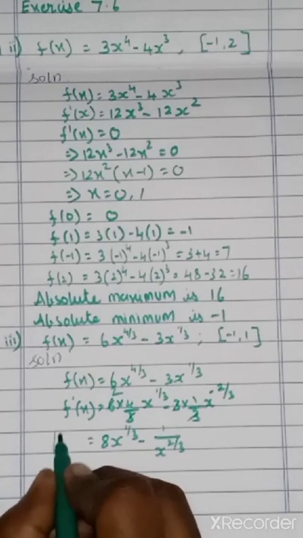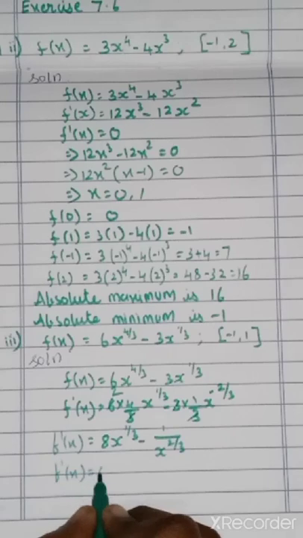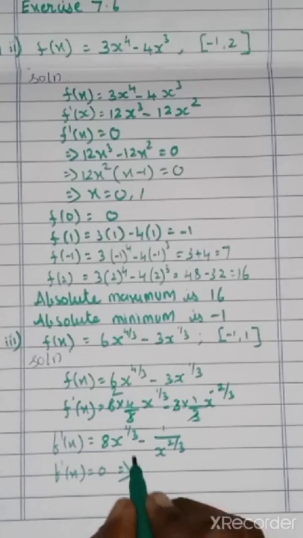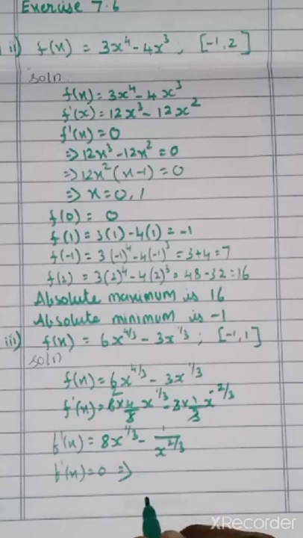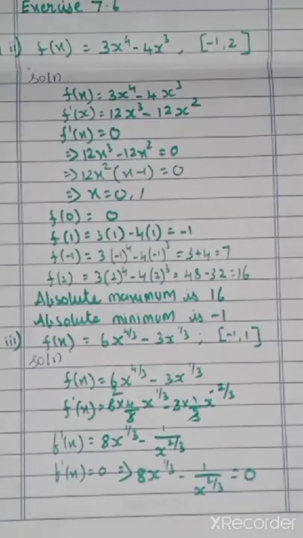Okay, next what do we have to do? This is your f dash of x. So let f dash of x equal to 0. That implies 8x power 1 by 3 minus 1 by x power 2 by 3 equal to 0.